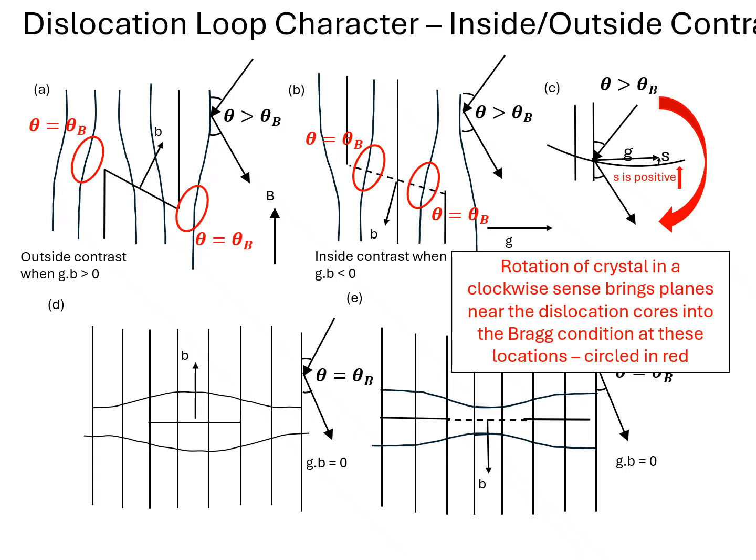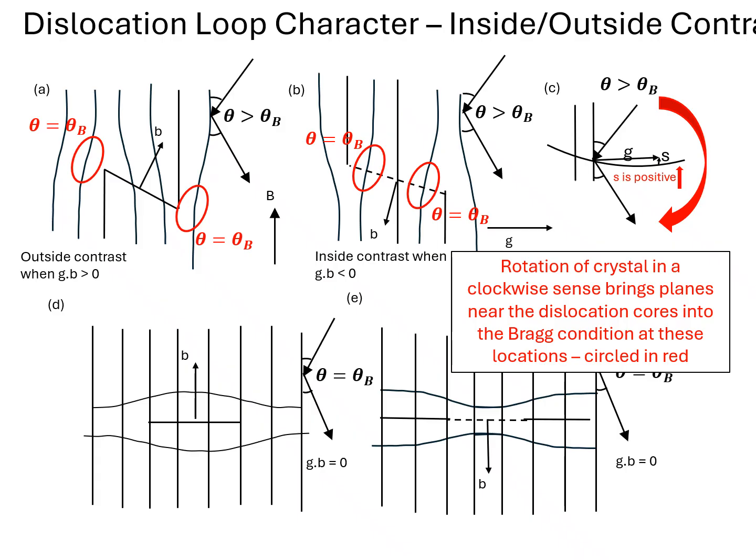And for an interstitial with a diffracting vector pointing out in this direction with respect to the Burgers vector, again, we don't know the sign of the Burgers vector, but this method allows us to determine what that is. We end up with contrast on the outside of the loop.